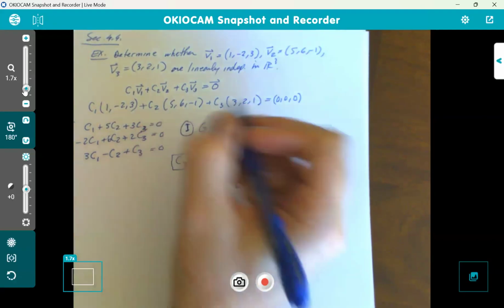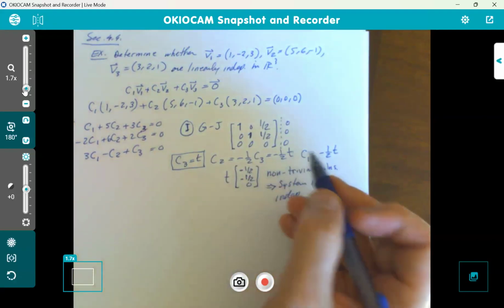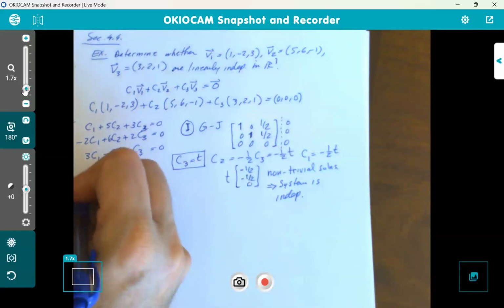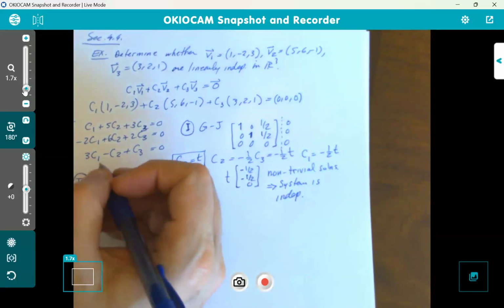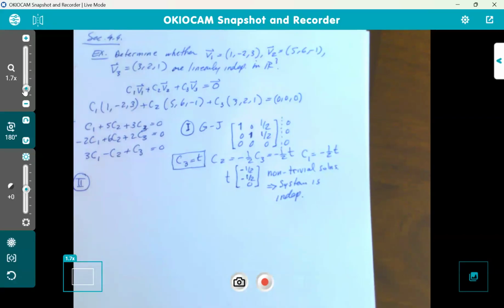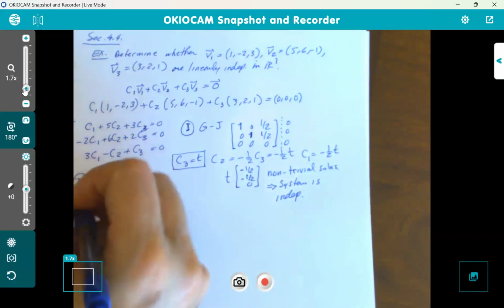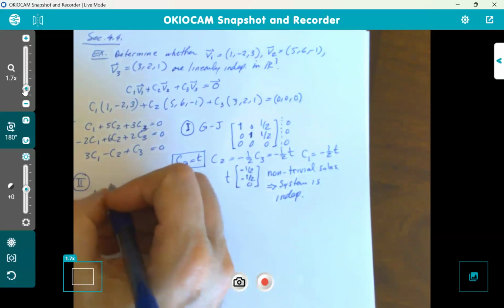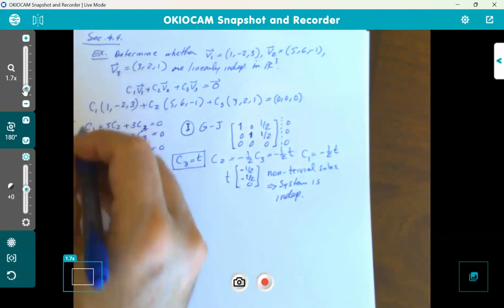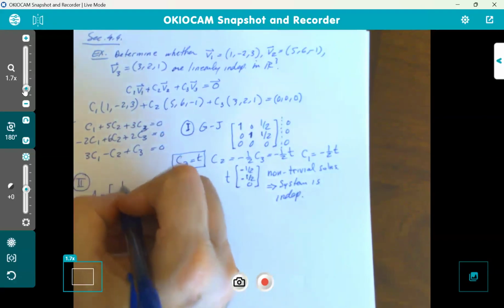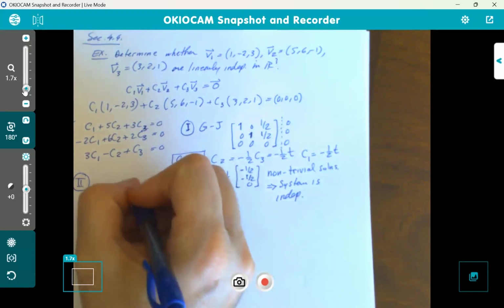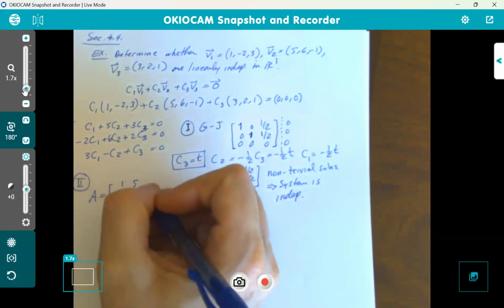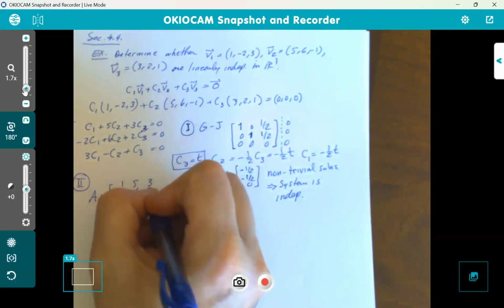Method one, using Gauss-Jordan and going to the parametric form of the solutions. The other way we can do this is to use the determinant. That would be another way to do it. So for my determinant, I'm going to let matrix A be the matrix of coefficients: 1, -2, 3, and the second one is 5, 6, -1, and 3, 2, 1.